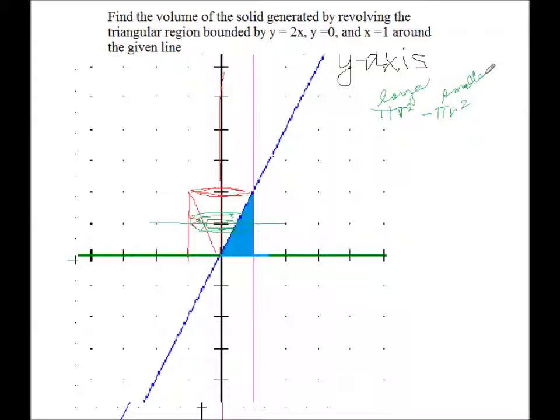And if we integrate that, since we're cutting a cross-section this way, we're dealing with dy's, and our boundaries would be y boundaries from 0 to 2. So we have to get the radius of the bigger circle, and it looks like the bigger circle is constant all the way up, and it's pi 1 squared because it's 1.